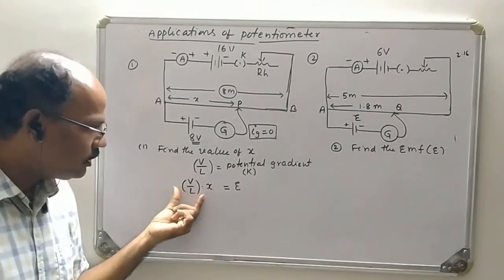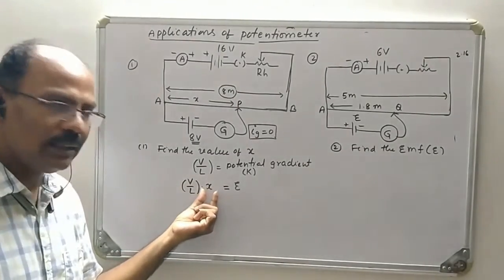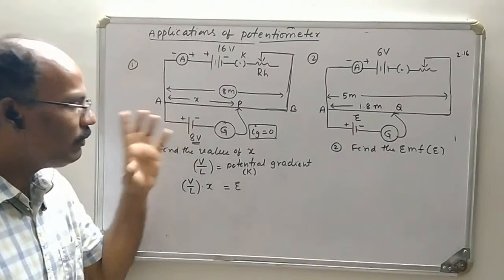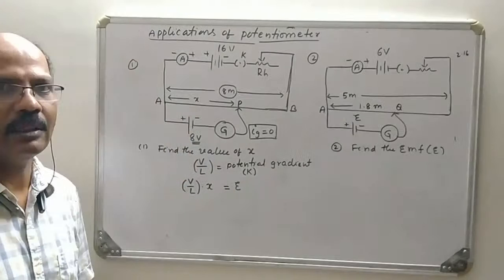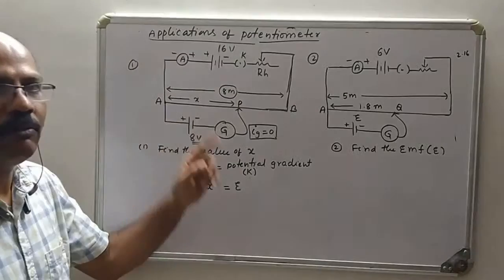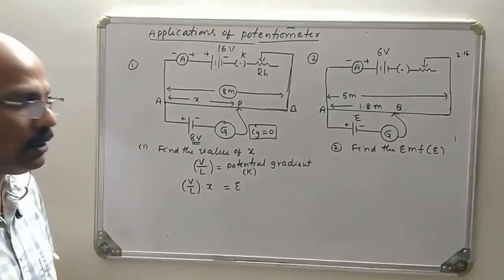So this is the potential drop per unit length multiplied by the balancing length, which is equal to the EMF in the secondary circuit. This is nothing but the drop across this portion of the wire is equal to the EMF in the secondary circuit.